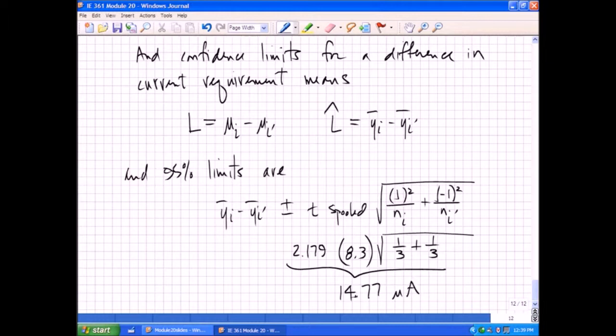So if I want to think about comparing, say, tube type I to tube type I prime by taking a difference in means, the margin of error on that difference in means is on the order of 15 microamps.